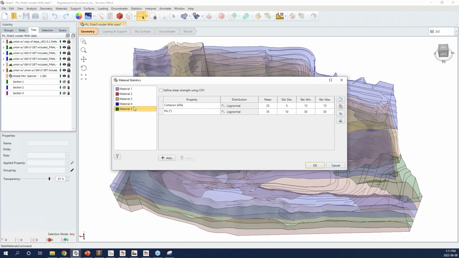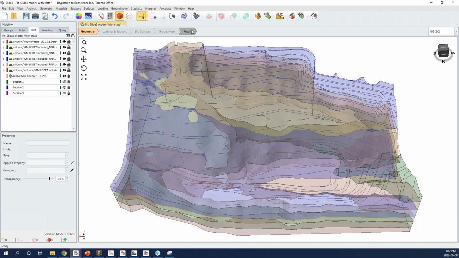For all of them, we define cohesion and friction angle as our random variables, and the distribution is log normal. The recommended value for the coefficient of variation for cohesion is up to 0.5, and for friction angle is up to 0.2, which is roughly the same values that we use for this example.